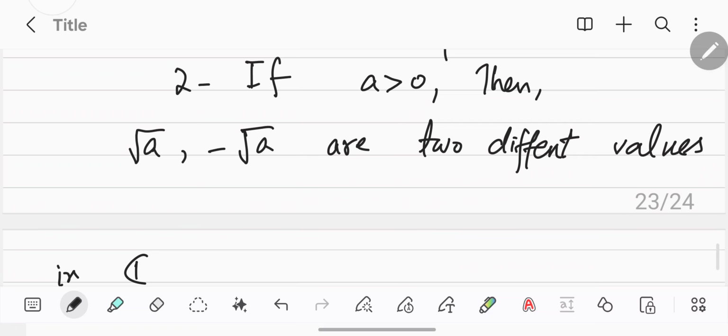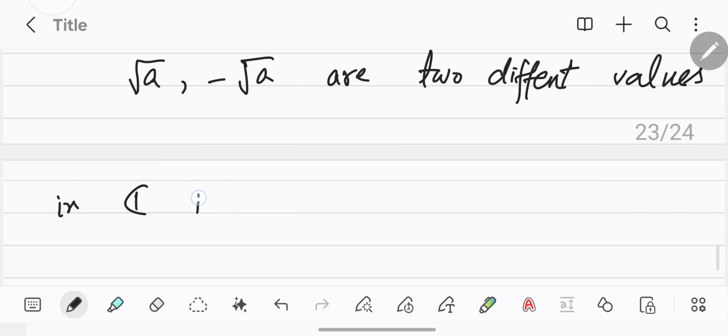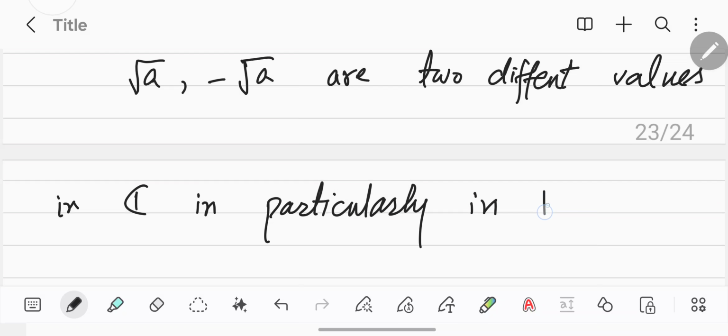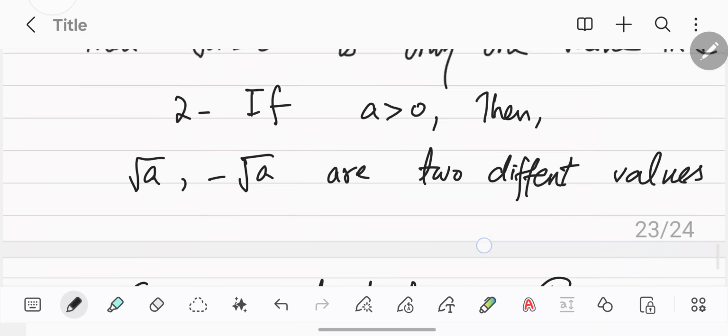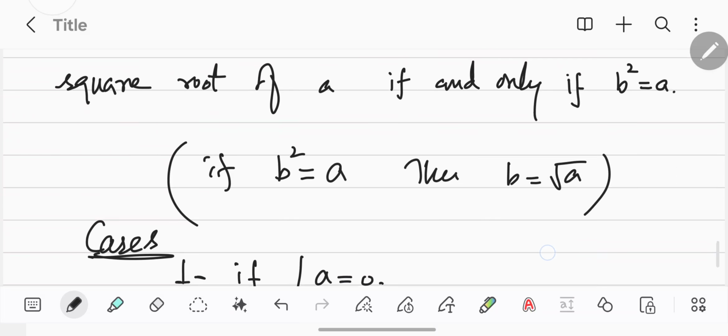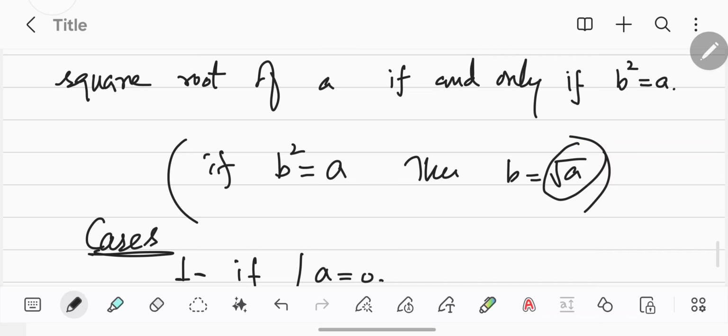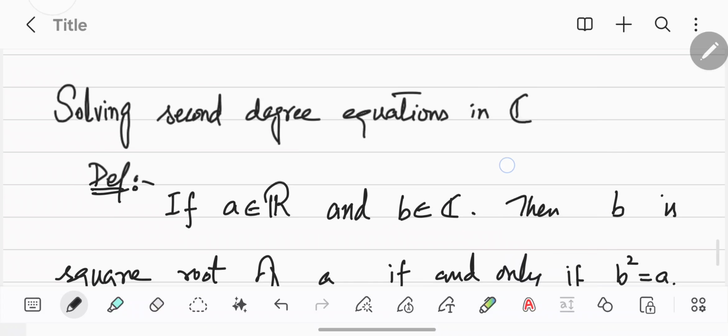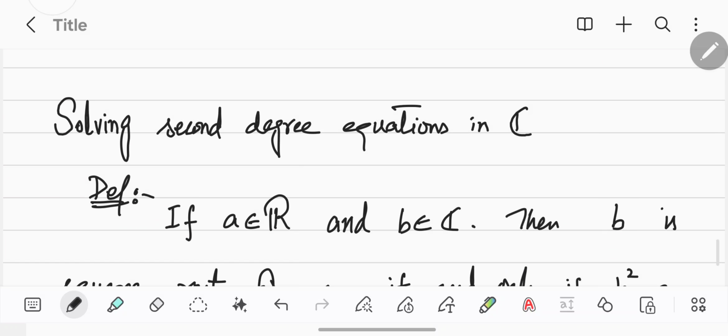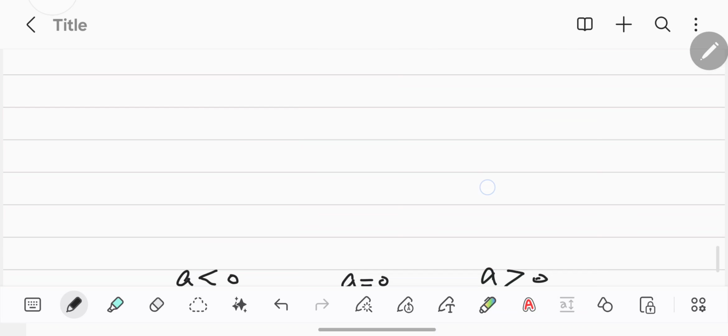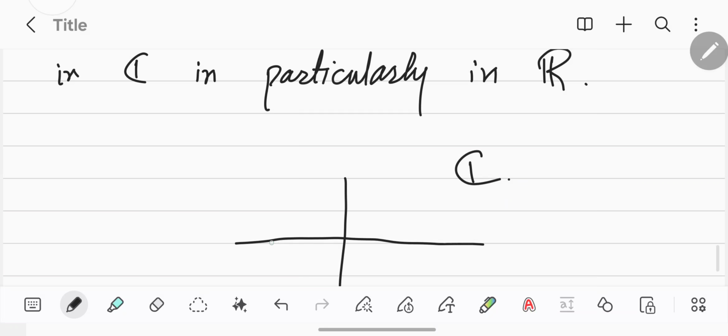So they must be in C, but in particular we say in R. The rule is that whenever we take a square root of a real number, that must be equal to b, and b must lie in C. But in the field of complex numbers, we have this line also.